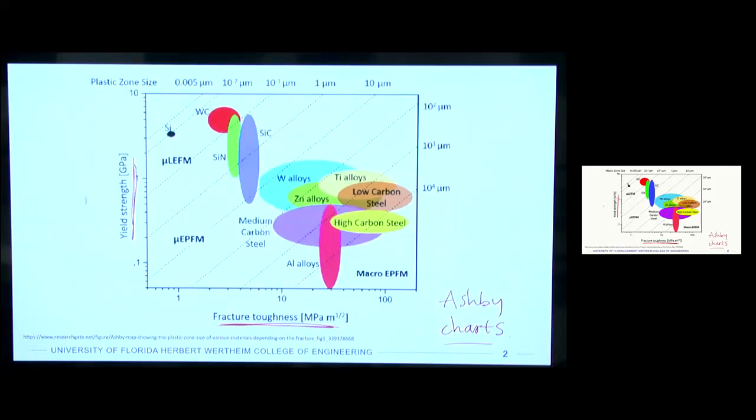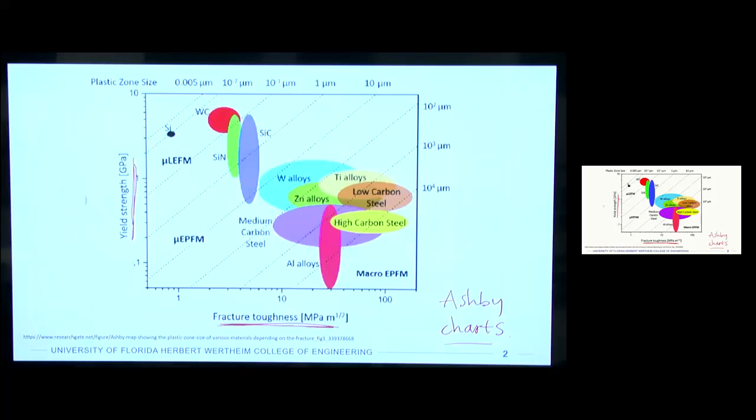Yield strength is on the y-axis, and the different colors show different classes of materials. The purple one is medium carbon steel, the yellow one is high carbon steel, aluminum alloys are at the bottom in a dark pink, and on the top left you can see red, which is tungsten carbide. That always anchors a lot of these Ashby charts.